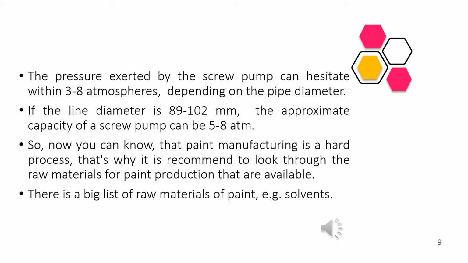And what is the function of these screws? They help to pressurize the fluids and then move the fluids in the system. The screws take in fluids, then push them out from the other side while increasing their pressure.